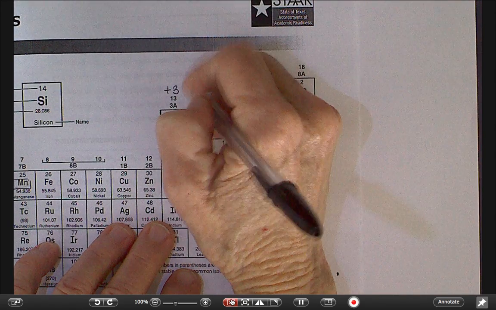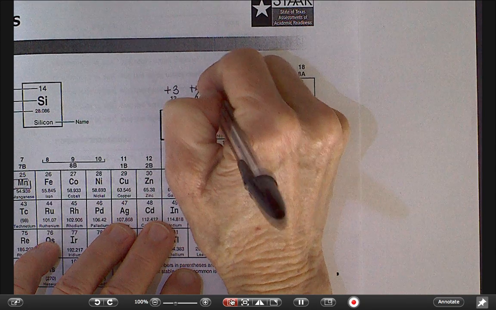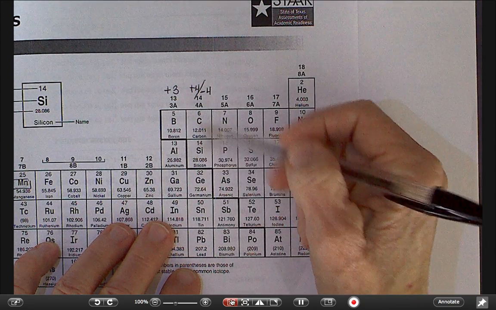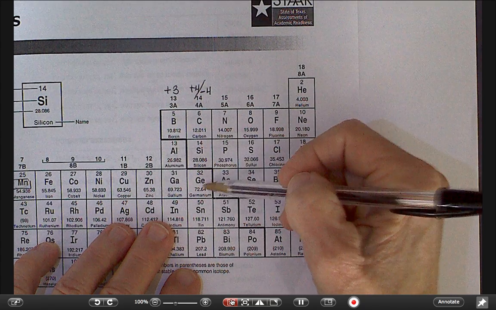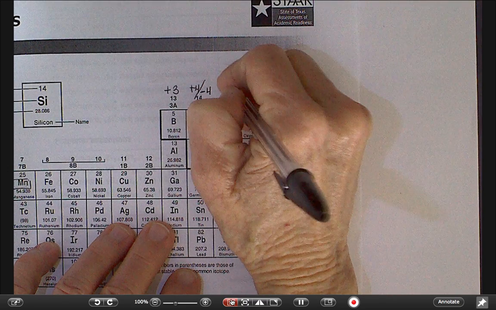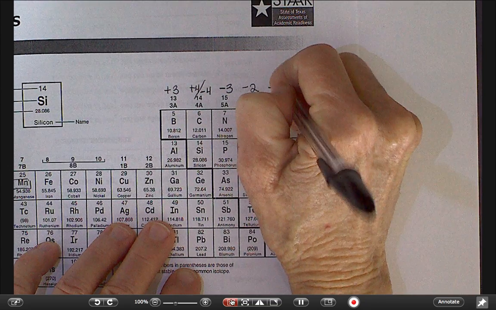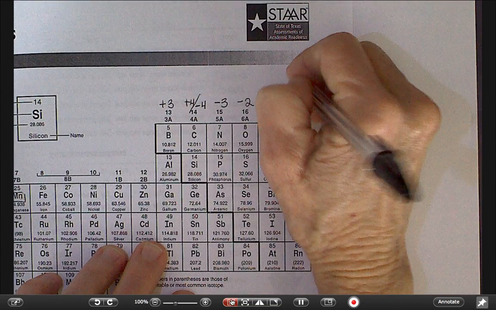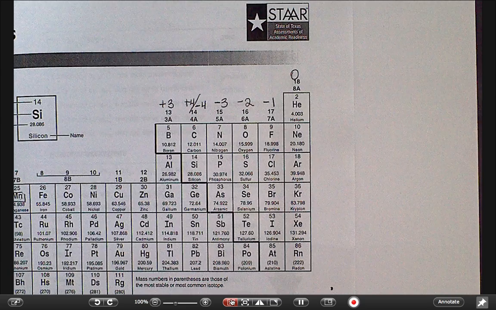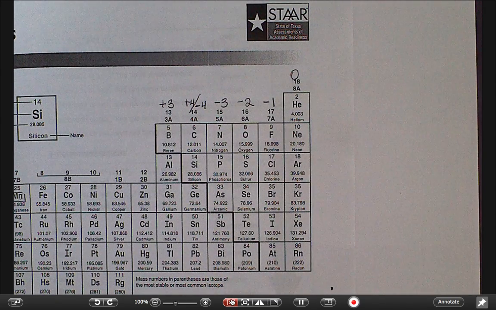Now halfway down we've got +4 and -4 because we've got our nonmetals going here and then metals below. And then we run -3, -2, and -1. And then of course the noble gases are 0 because for our purposes basically only a few of them ever bond and form compounds.